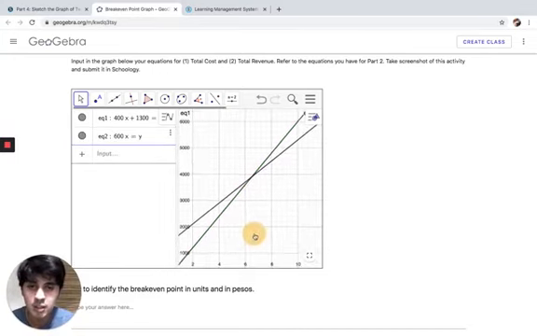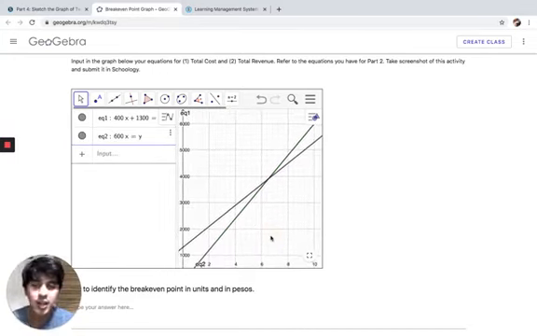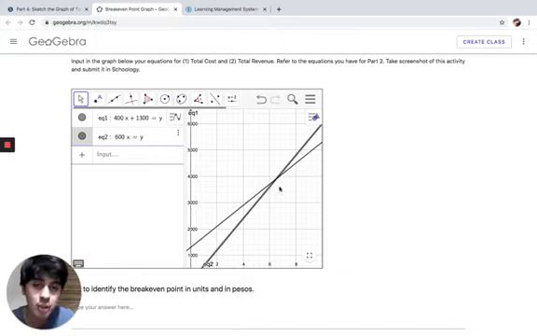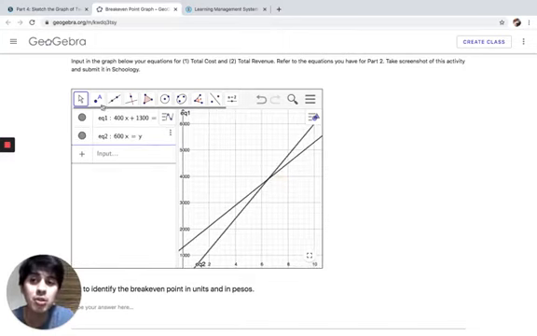In this case, you will have 2 lines. Given the 2 lines, how can a student determine the break-even point? Remember that break-even point is when the total cost is equal to the total revenue, and that point is where the 2 lines intersect.